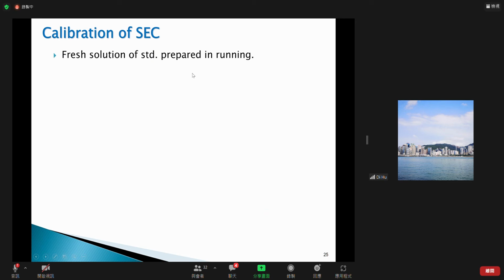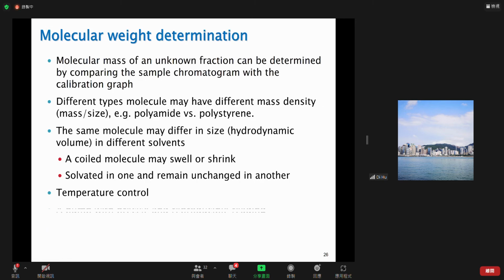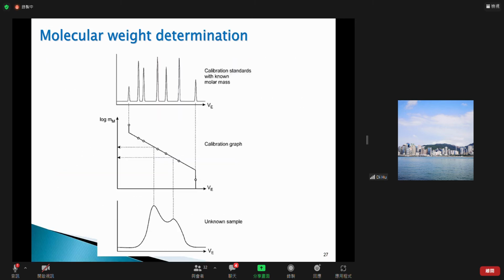Let me show you this one first. So you run the calibration. This is V0 and this is Vt, and this is the calibration corresponding to those points.